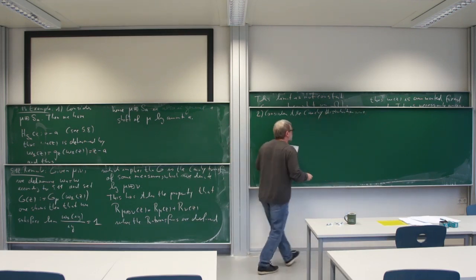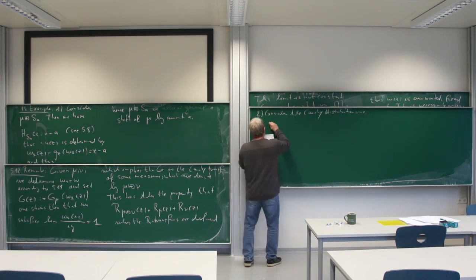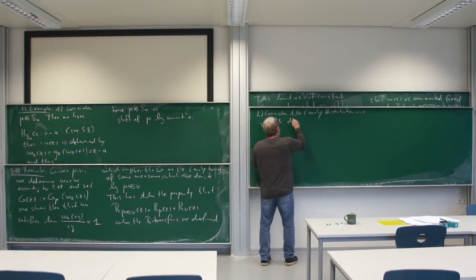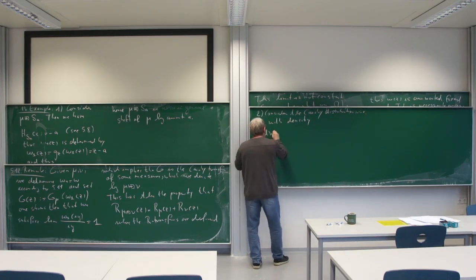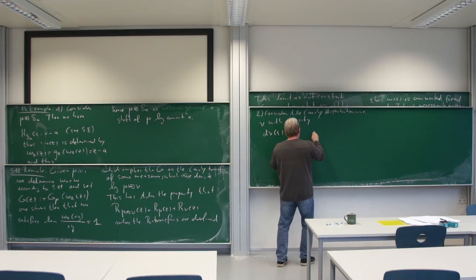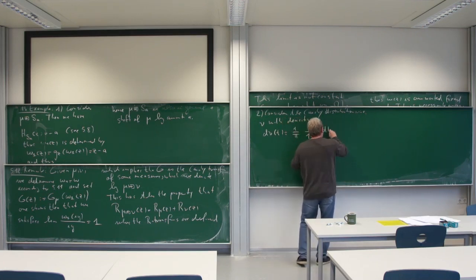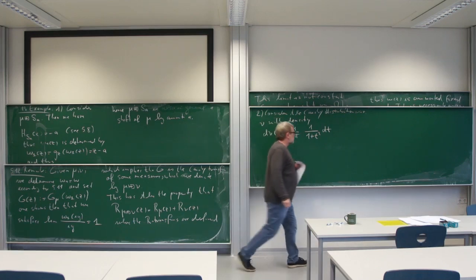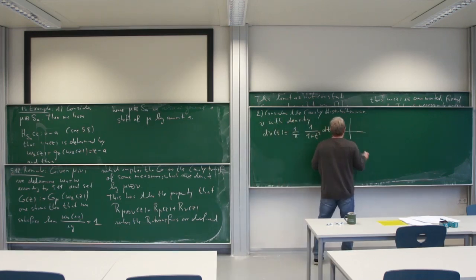And this has a density, so this is a mu. Specifically, the density is 1 over pi times 1 divided by 1 plus t squared, dt. So it's unbounded, but it has long tails.